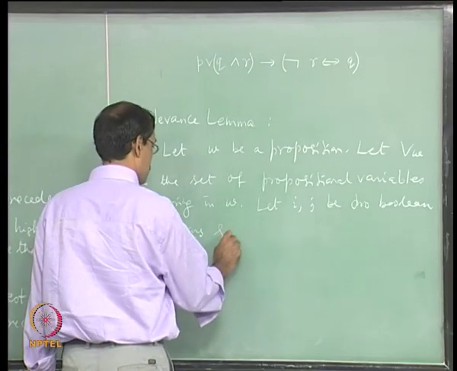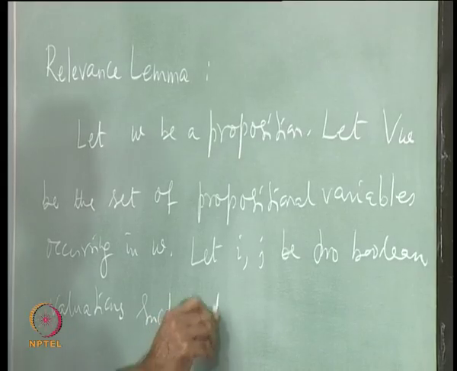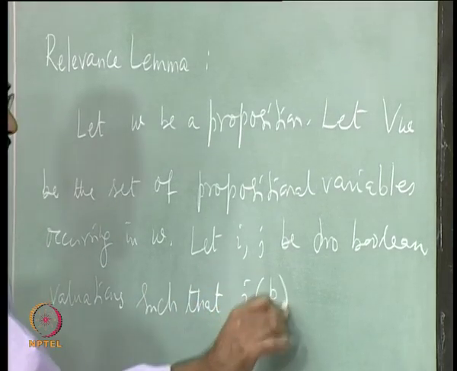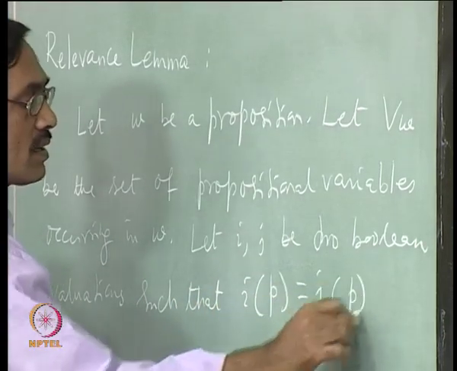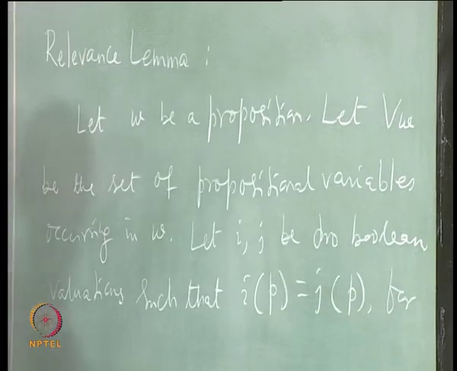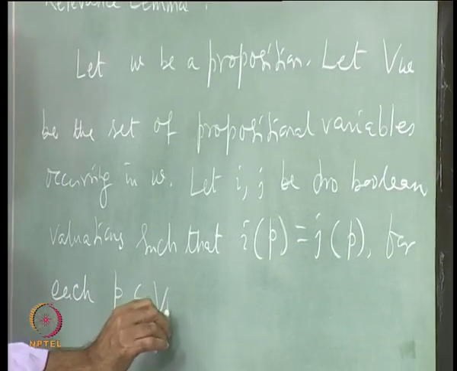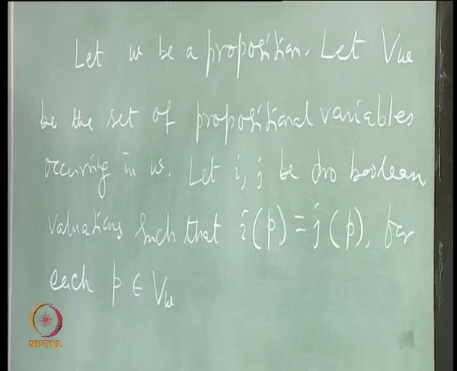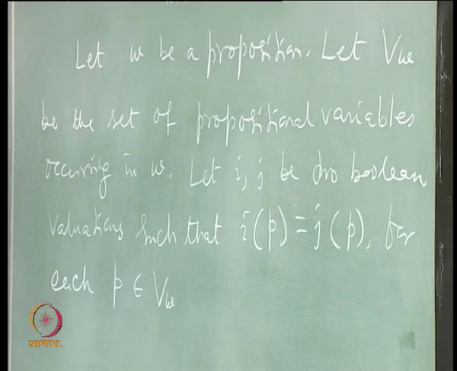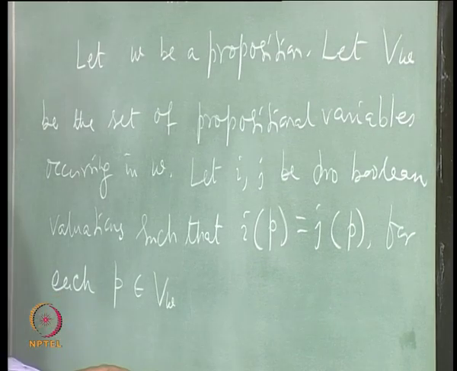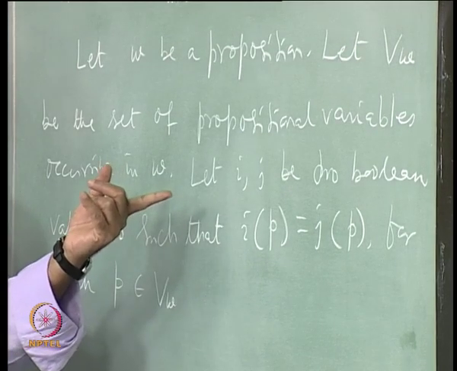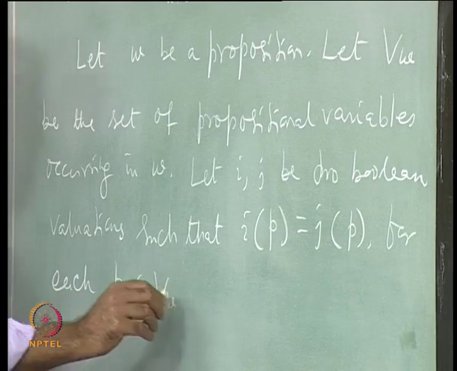Such that I of p equal to j of p for each p in VW. Is the scheme clear? So, I and j agree on all the propositional variables occurring in W, that is what it says. Then what should they have?